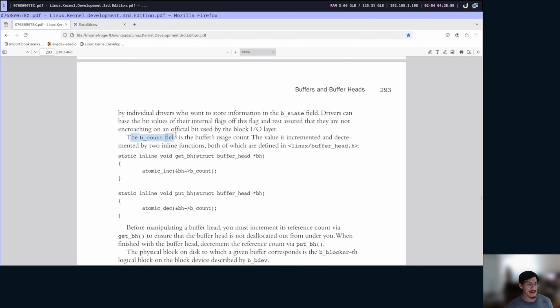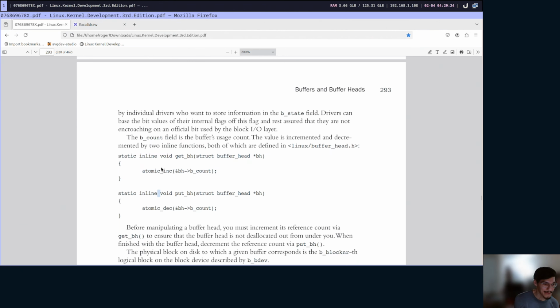So the b_count field is the buffer's usage count. The value is incremented and decremented by two inline functions, both of which are defined in linux/buffer_head.h. So I'm guessing this is the number of devices or processes making access to the device, or actually trying to get to the device by way of the buffer.